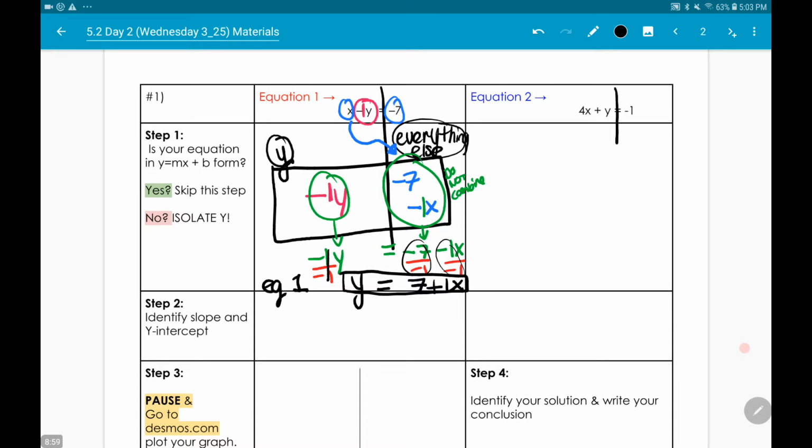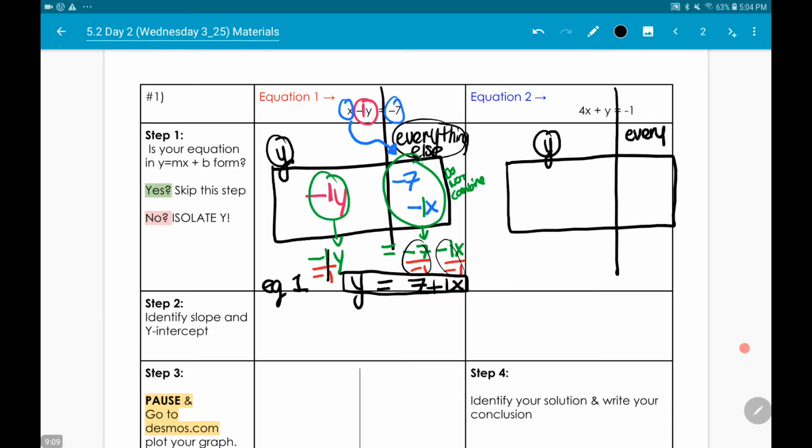All right, I need to do the same thing for equation 2. y is going to go on the left, everything else over here. So what's my y term? I bring down 1y. I bring down my -1 on this side.